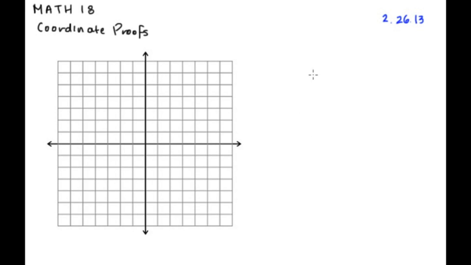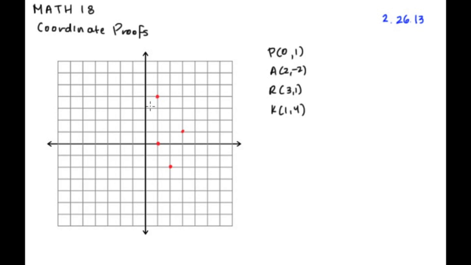So for number 2, it tells us that the points P, located at (0, 1), A at (2, -2), R at (3, 1), and K at (1, 4), are the vertices of a quadrilateral. So let's try and graph that now.